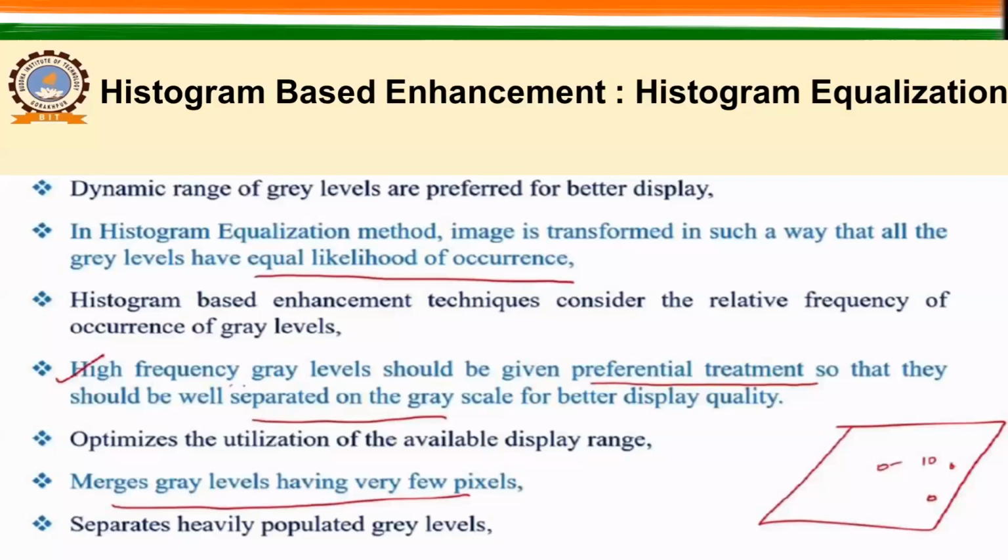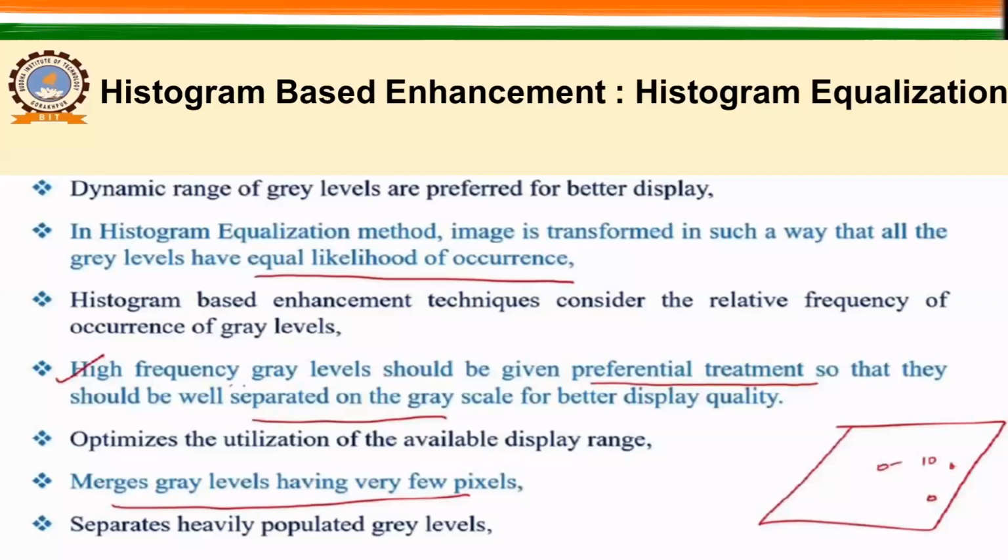You need more difference in the intensity so that the difference will be visible. But in the darker portion, if you have very little difference, that is also seen. That is why it gives preferential treatment so that they are separated on the gray scale, right?